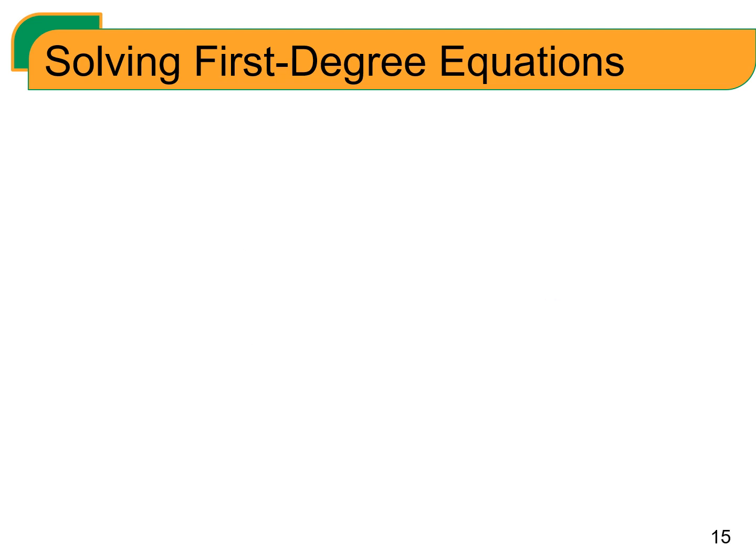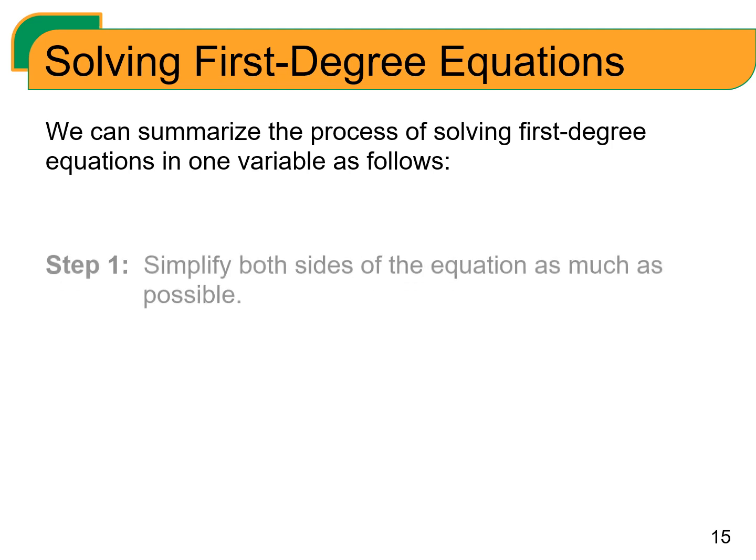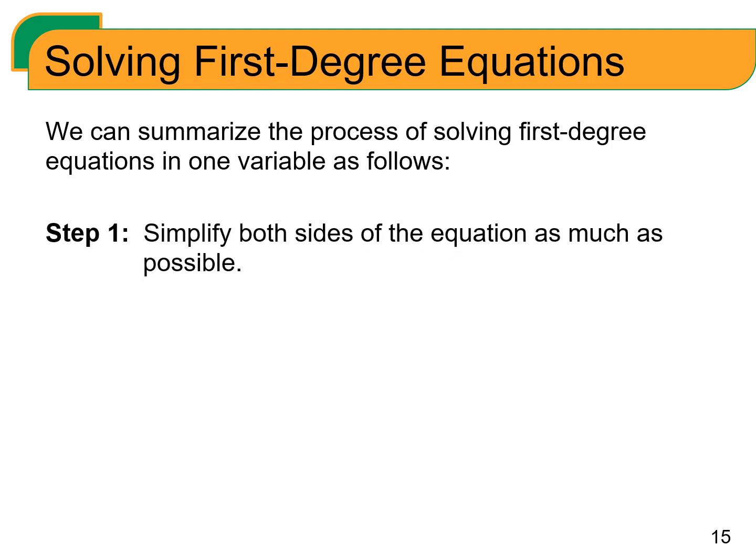Now, let's try to summarize the process of solving a first-degree equation in one variable as follows. First, simplify both sides of the equation as much as possible. So we have 3x minus 2 equal to 13. So what you want to do is what? Get rid of -2.